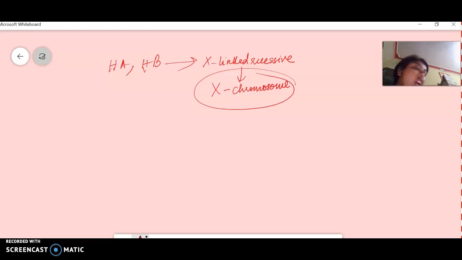Now, when we are talking of this X chromosome, we have to take both male and female into account. Your male has one X chromosome, so it is XY, and your female has two X chromosomes.